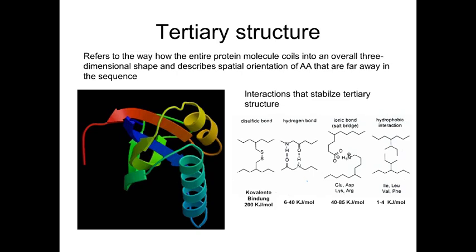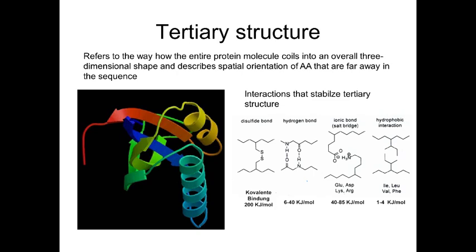Then opposite charges, meaning ionic bonds or salt bridges, can adjust the polypeptide backbone in space, or this can be realized by hydrophobic interactions, the interplay between two hydrophobic amino acid residues.